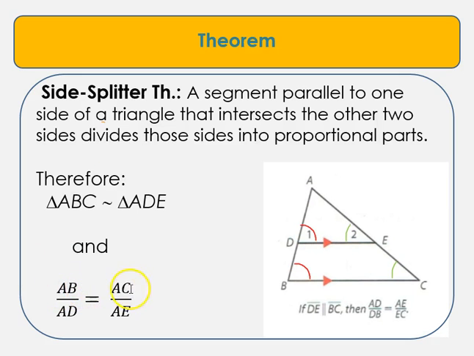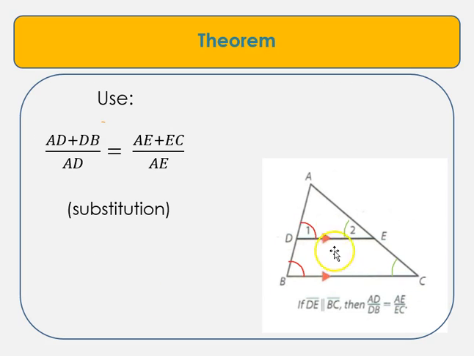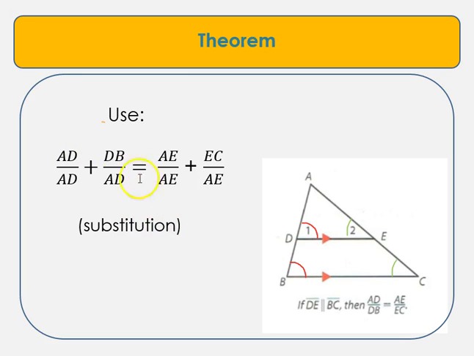We had AB and AC on top, which are the full side lengths of the large triangle. Now they've divided them into the actual sections. Now we're going to place AD under each one of those sections, as you can do in math.